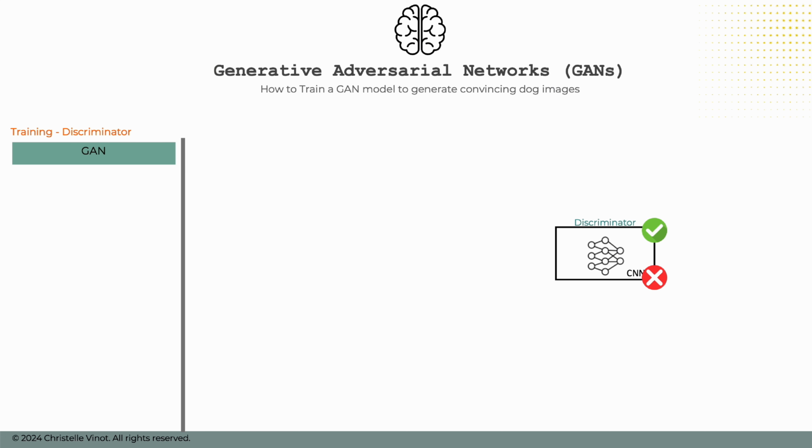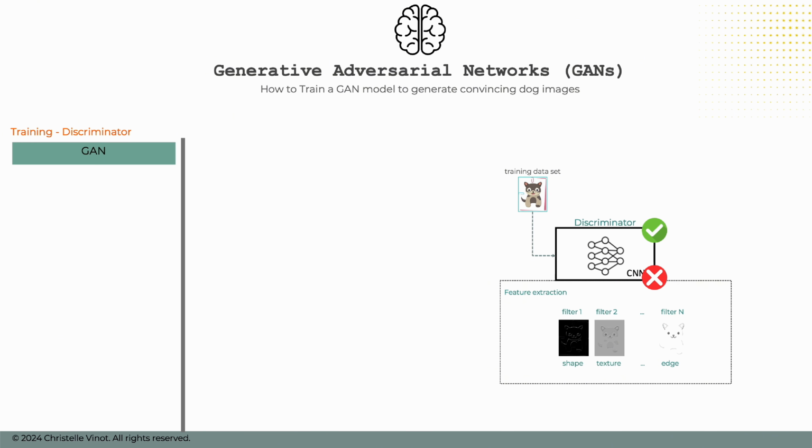In our case, the discriminator is trained on real dog images from the training dataset that we have prepared. Now it is going to learn what a genuine dog looks like. As part of the learning, the discriminator passes the images through its convolutional neural network for feature extraction.